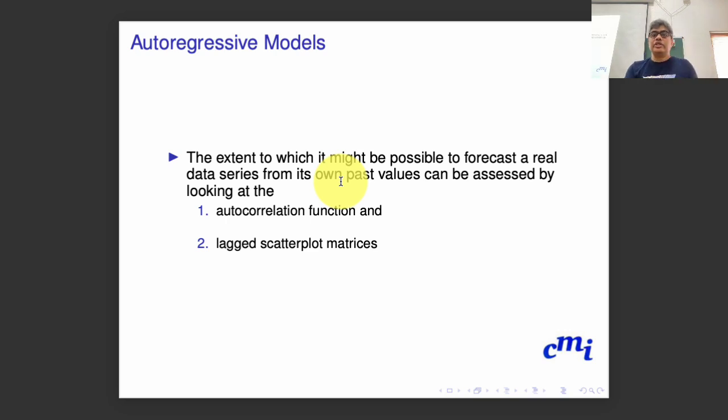The extent to which it might be possible to forecast a real data series from its own past values can be addressed by looking at two things: one is the autocorrelation function, another is the lagged scatter plot matrices. I can take the lagged scatter plots and look into them, or I can look into the autocorrelation function and try to make sense out of it, to see which major lag we should consider in our model.